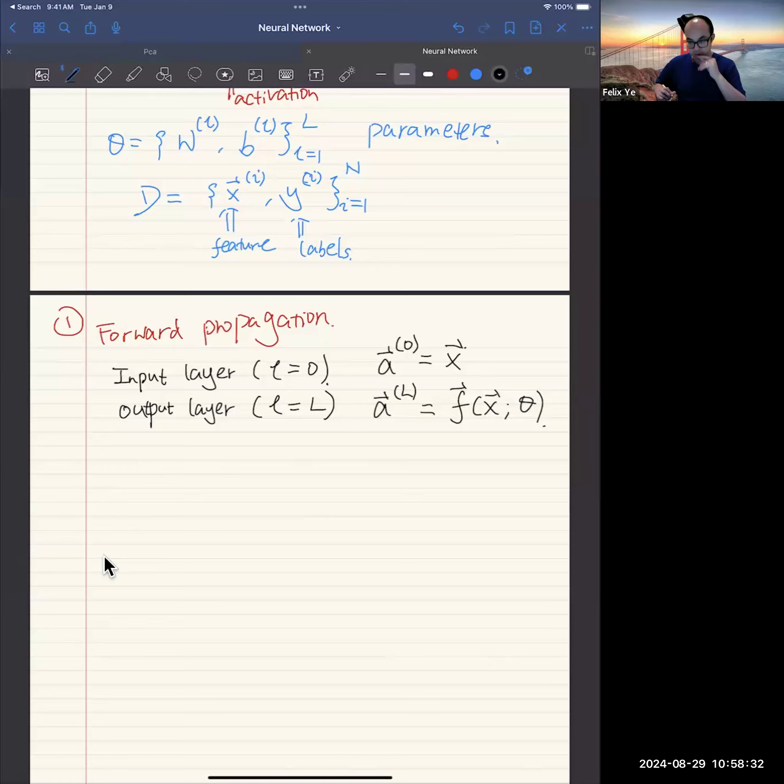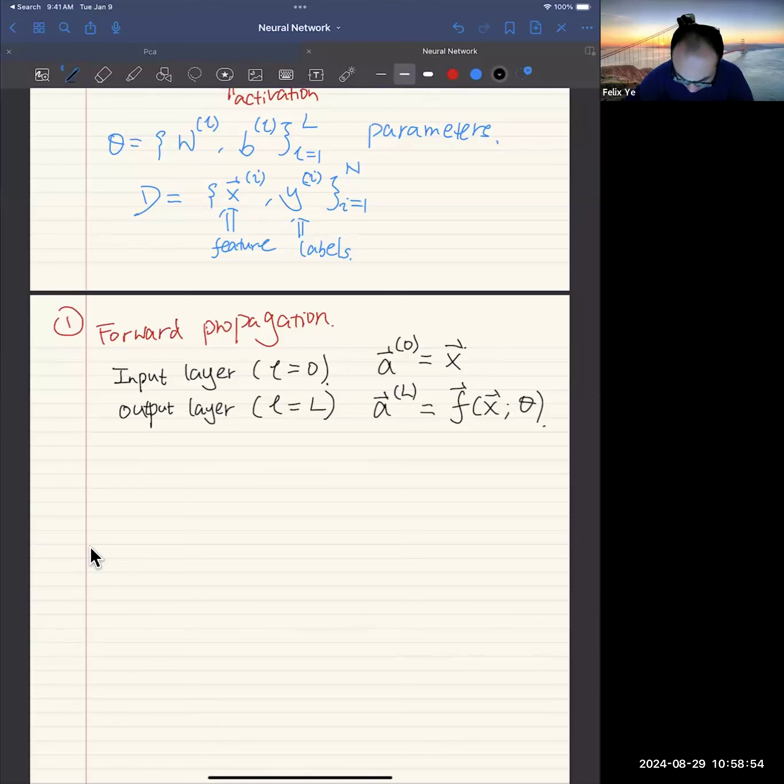The output is some function. Here we're applying this sigmoid. They are not necessarily normalized to be a probability, but that's what we will output. It's just like a vector function.